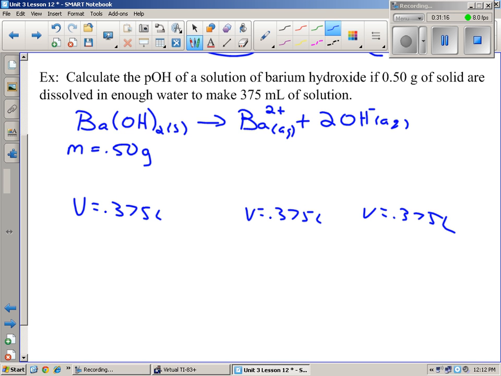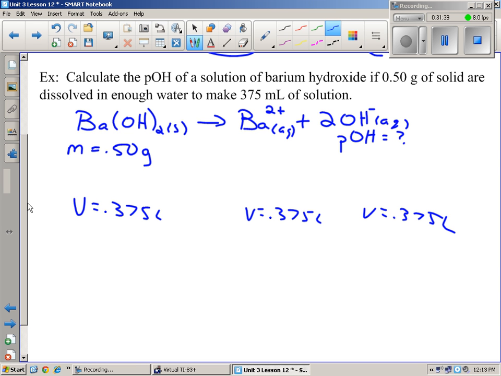Calculate the pOH. The pOH refers to hydroxide ions, right? So where am I going to calculate this? Right here. Makes sense. Yes? That's the hydroxide ions, because that's what I'm measuring in this water solution.